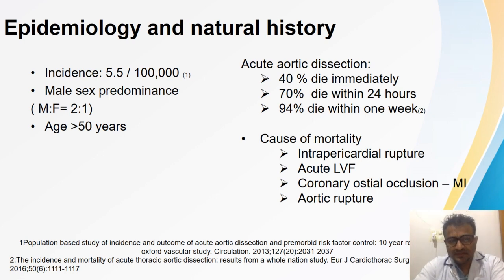In patients presenting aged more than 50, the most common causes are hypertension and atherosclerosis. Patients presenting below 50 are young and suffering from degenerative diseases like Marfan syndrome, aortectasia, etc. On the right side you can see it is a very lethal condition: 40% die immediately after the onset of symptoms, 70% die within 24 hours, and 94% die within 1 week. The causes of mortality are intrapericardial rupture, acute LVF, coronary arterial occlusion, myocardial infarction, and aortic rupture.